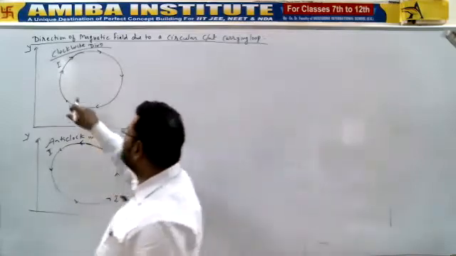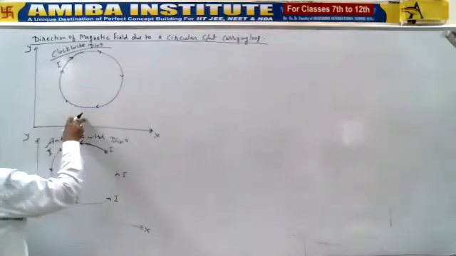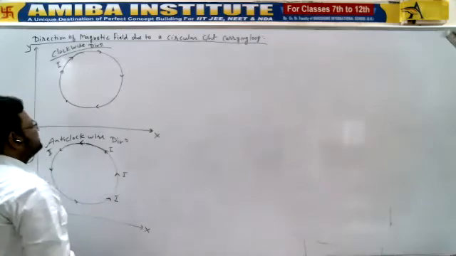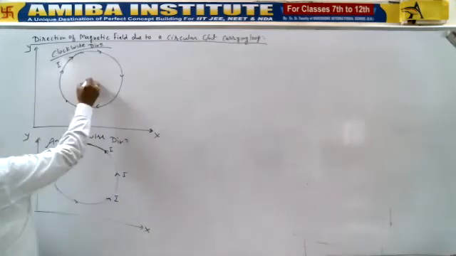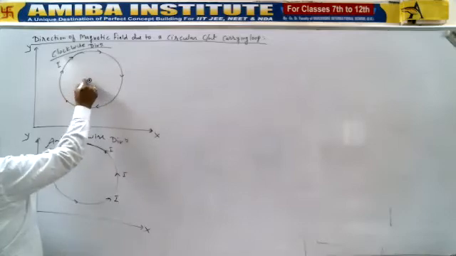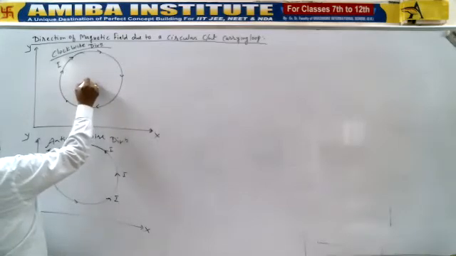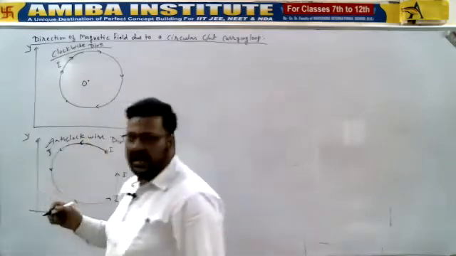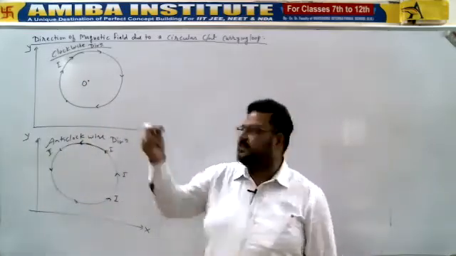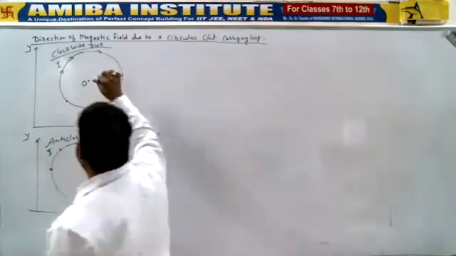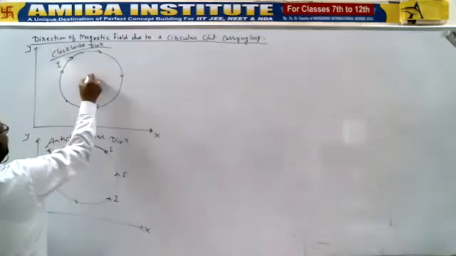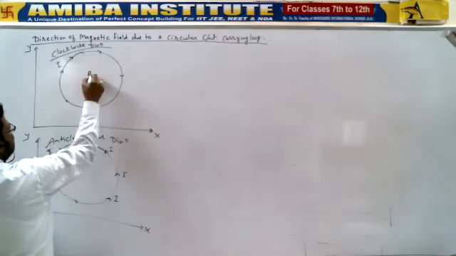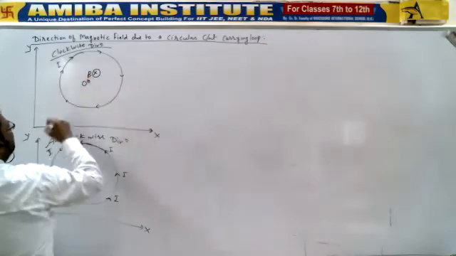So if the current is flowing in the clockwise direction, then we got to know from the previous class that the magnetic field was lying at the center point O in a straight line and perpendicular to its plane. It means it was lying inside, perpendicular to it. So the direction of magnetic field at the center is called cross.